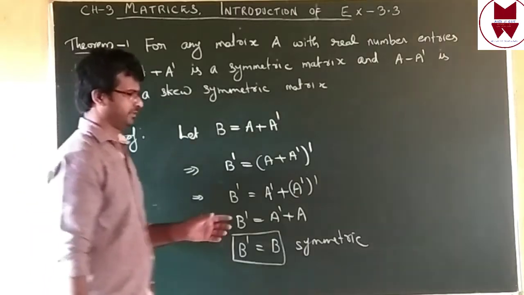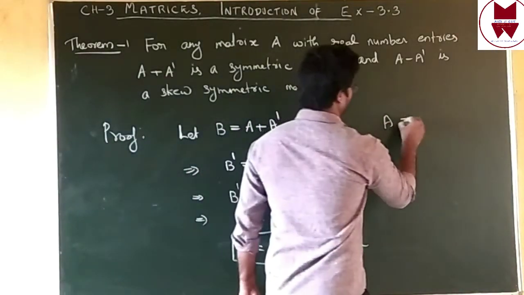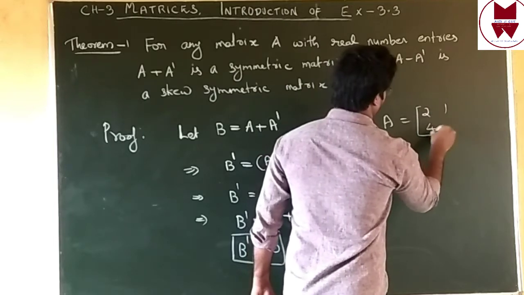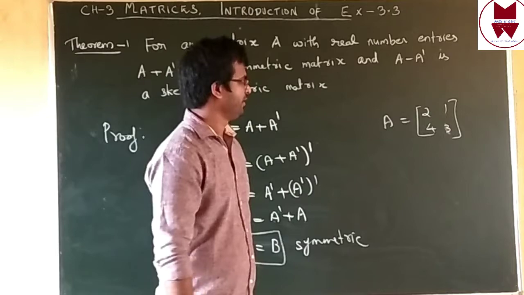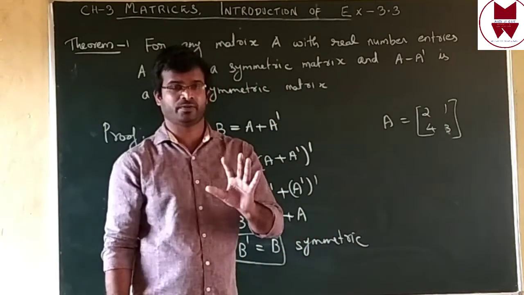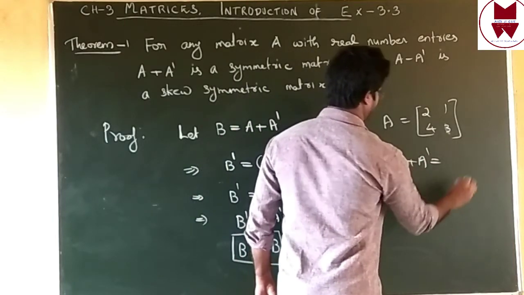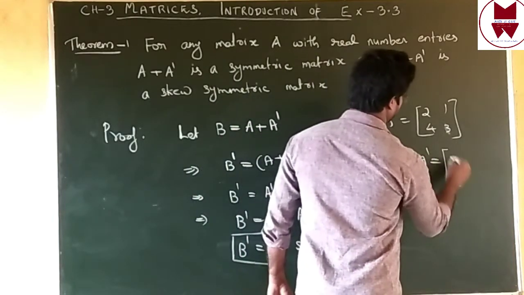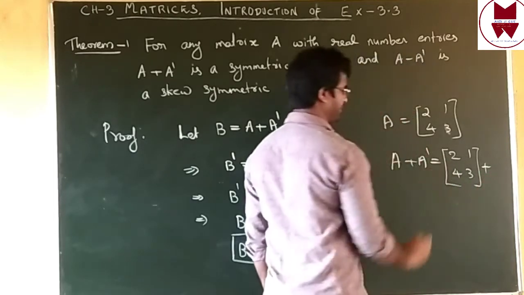What is the meaning? They give one matrix, just like 2, 1, 4, 3, anything. We have to find one symmetric matrix. How can we find it? That time we will use A plus A transpose. That means the matrix 2, 1, 4, 3 plus A transpose.